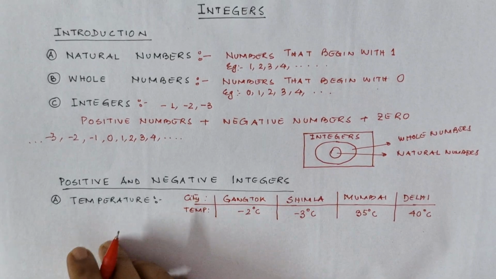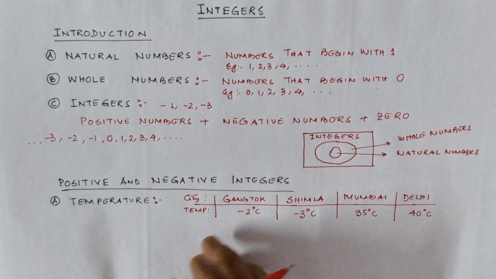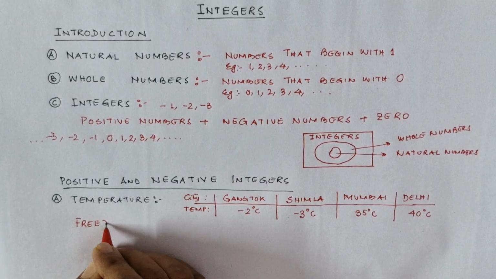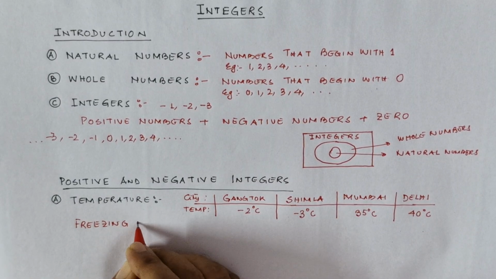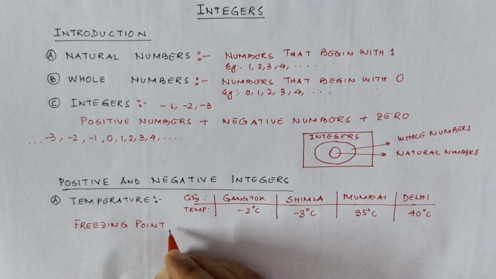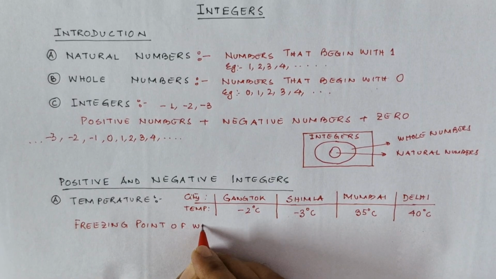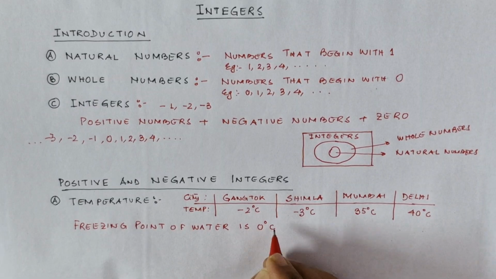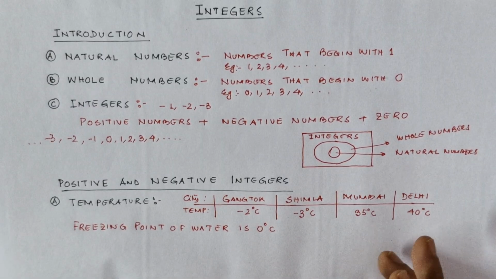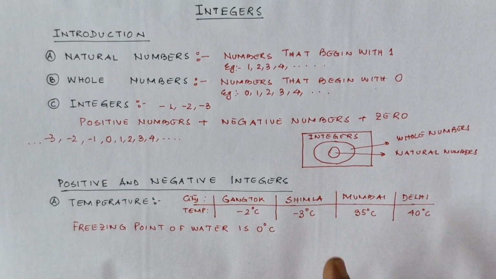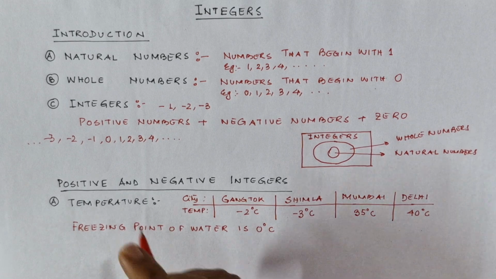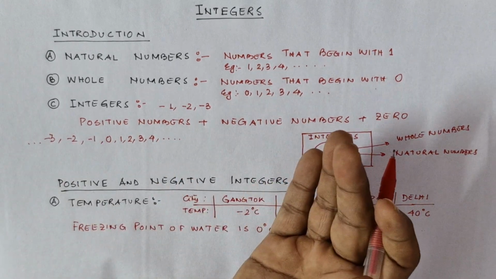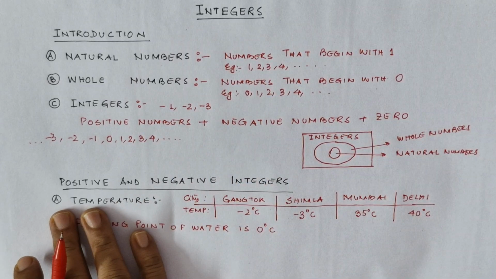Always remember, students, the freezing point of water is 0 degrees centigrade. For integers, we always need a base point like 0 degrees centigrade, above which will be positive and below which will be negative.